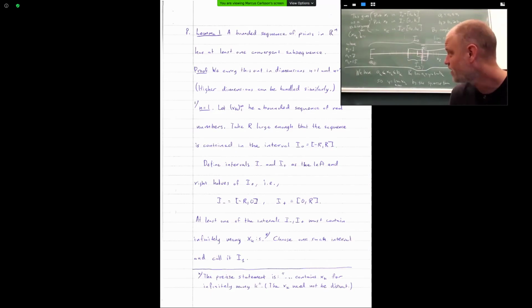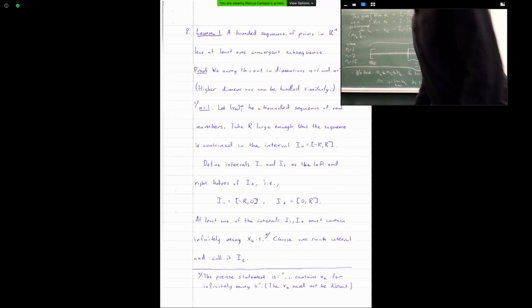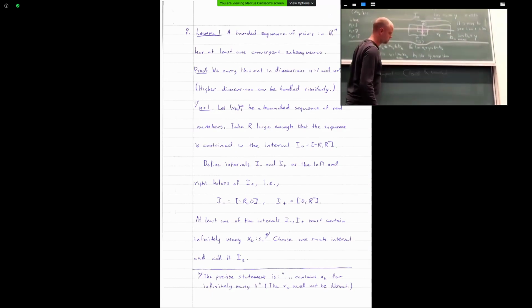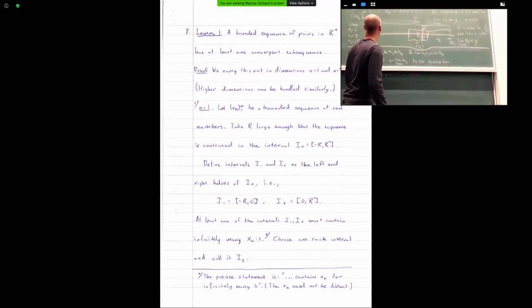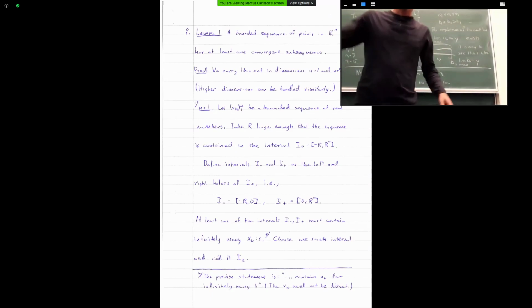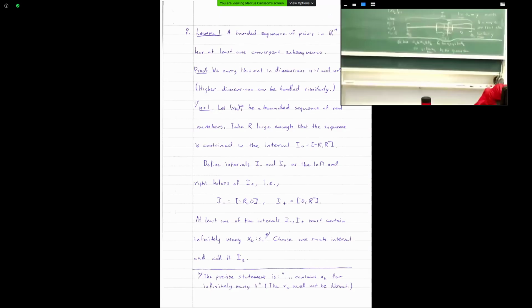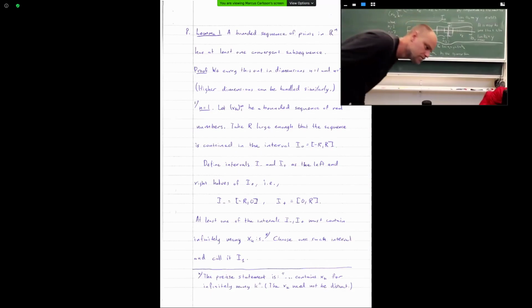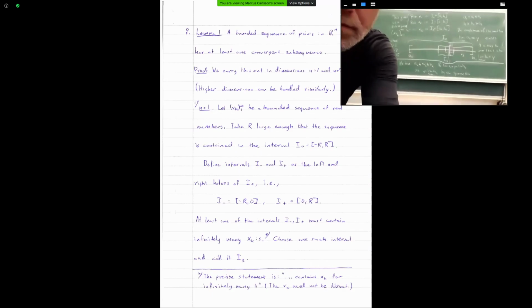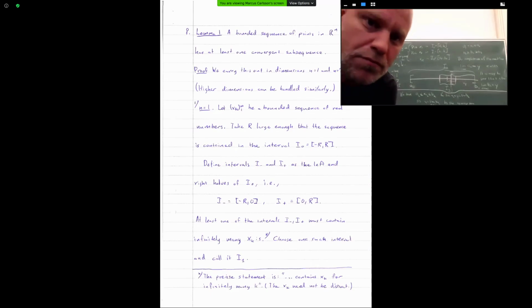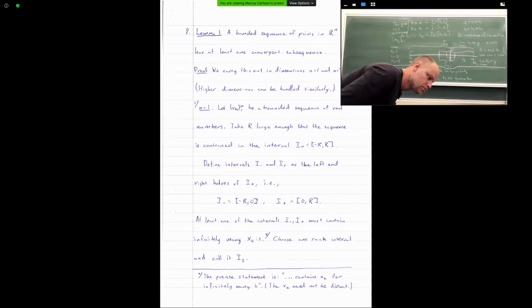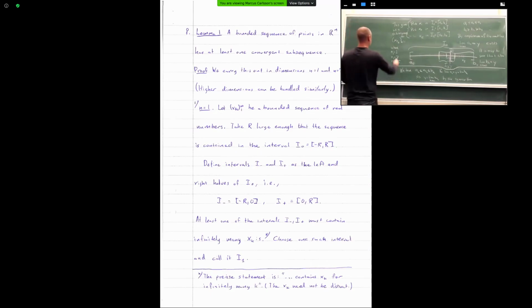Okay, so this was for one variable. In several variables, what could we do? I'm going to move this guy. Okay, so I have a bit of space to write here.